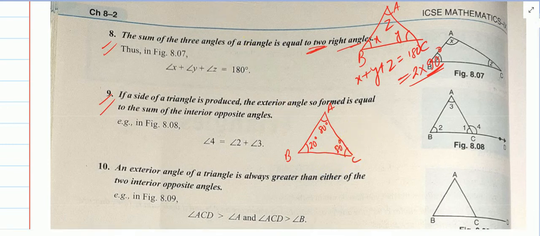Now suppose I produce this side BC. So in that case we are getting one angle over here, theta. So this angle will be equal to the sum of this and this, 80 degrees plus 20 degrees.